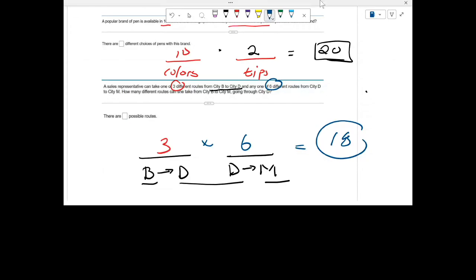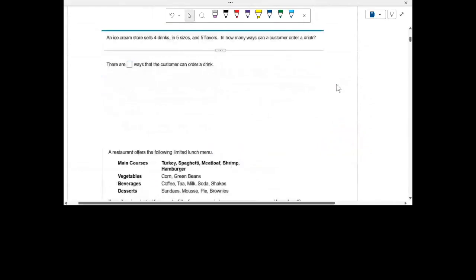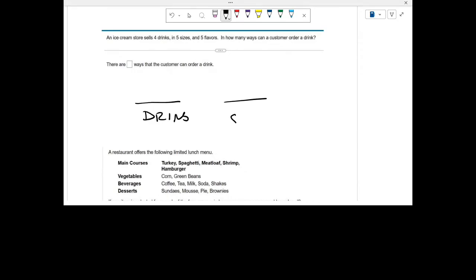All right. So y'all, let me scroll down a little further, and let's see what else we got here. Let's see. An ice cream store sells 4 drinks in 5 sizes and in 5 flavors. How many ways can customers order the drink? Okay, so let's take a look. We got different drinks. We have different sizes.